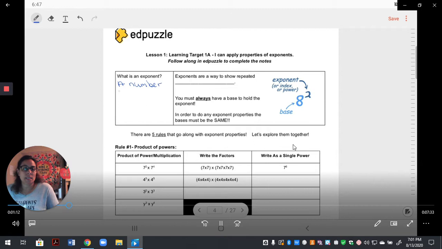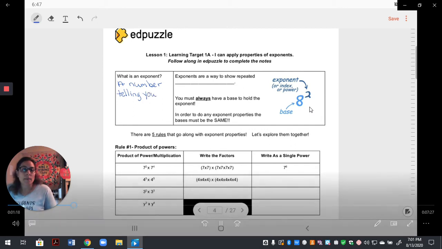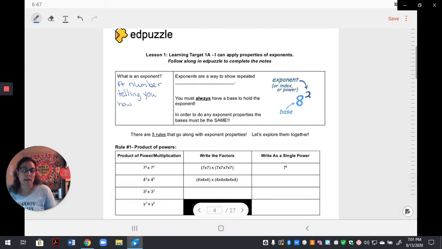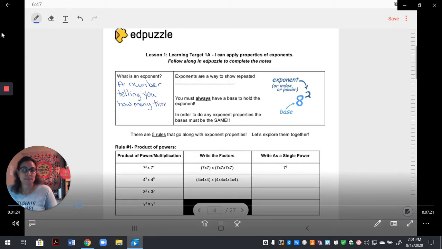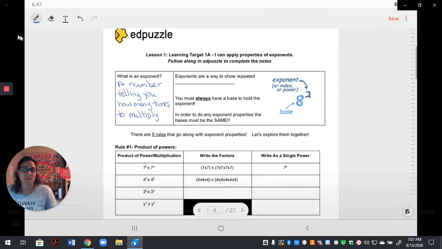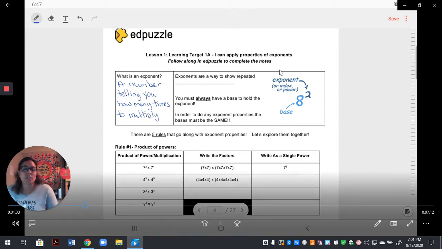You can see that an exponent is just a number that tells you how many times you have to multiply. So exponents are just a way to show repeated multiplication.